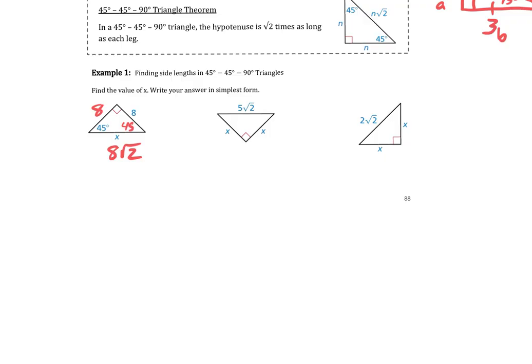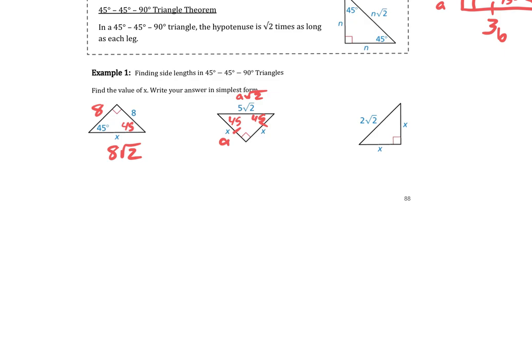This right here is my n radical 2 side. Okay, and I usually label it with an A, just because we used A the last couple of days. So this is my A radical 2 side. And we also know that this is a 45, 45, 90 triangle because these 2 sides are the same.